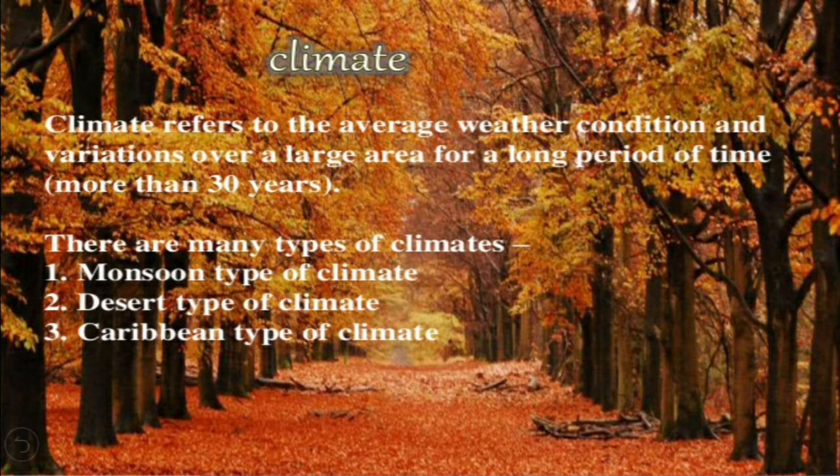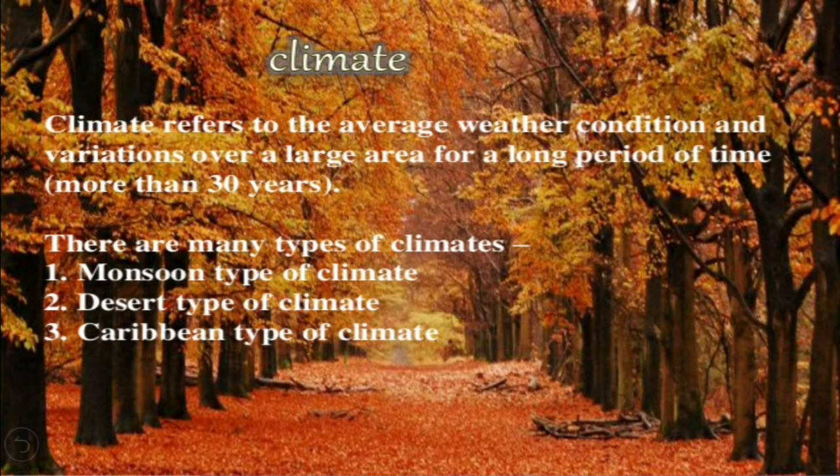Children, again I want to repeat the definition of climate. What is climate? Climate refers to the average weather condition and variations over a large area for a long period of time. Children, do you remember what we studied in weather?